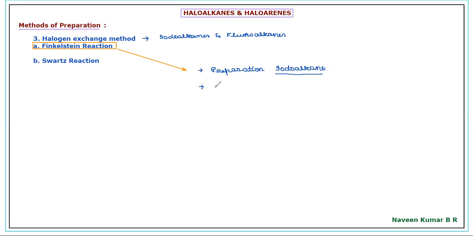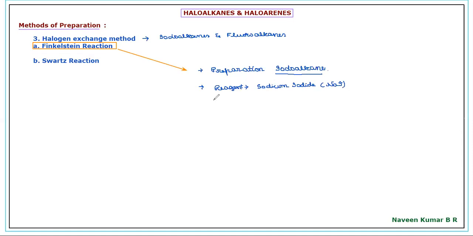And the reagent used in the Finkelstein reaction for the preparation is sodium iodide, which is used as a special reagent. It is sodium iodide, from which the iodide ions are considered for the preparation. And the other reagent for the preparation is an alkyl halide, that is a halogen containing compound already, other than this.